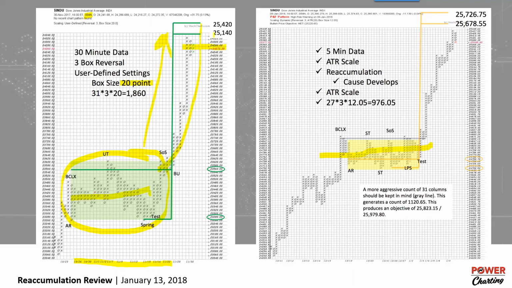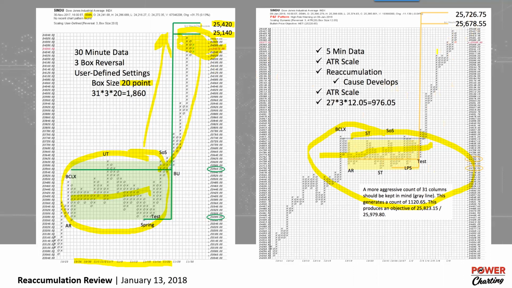So here, this one on the 30-minute data, 25,140, 25,420, tells us that this is where this is expected to go. On the 5-minute data, this objective area over here takes us to 25,678, 25,726. And so they more or less confirm.